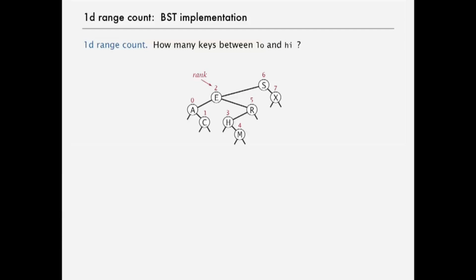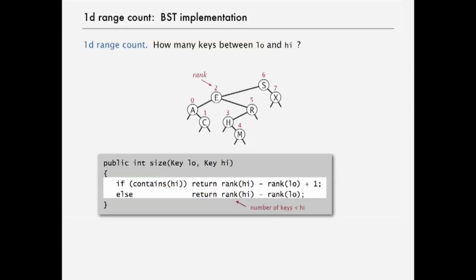It's actually just the difference between the ranks, plus 1 if the high entry in the range query is in the table, and not plus 1 everywhere. So there's the same number of keys between E and S as there are between E and T, 5. Between F and T, there's only 4.